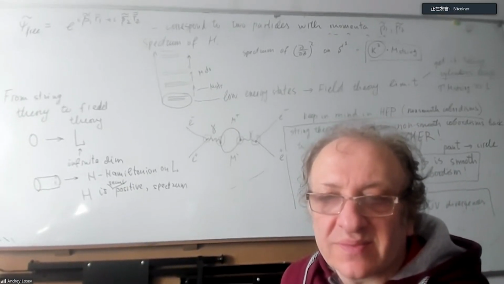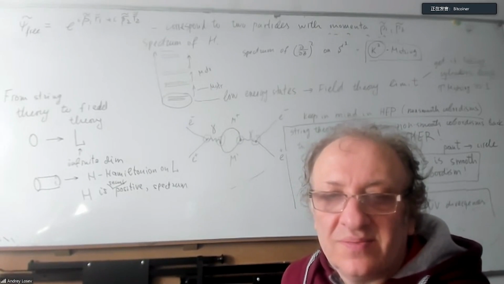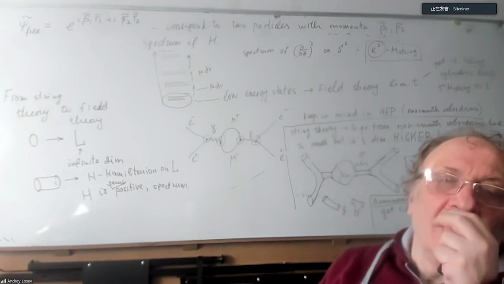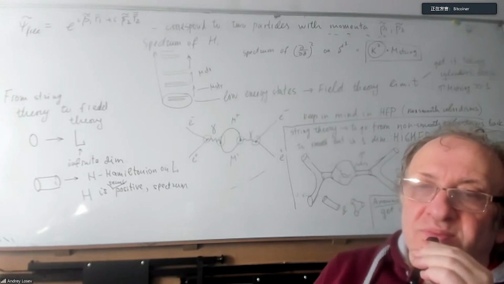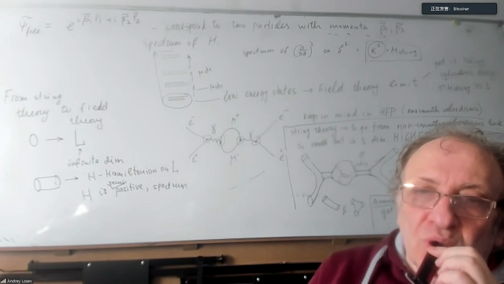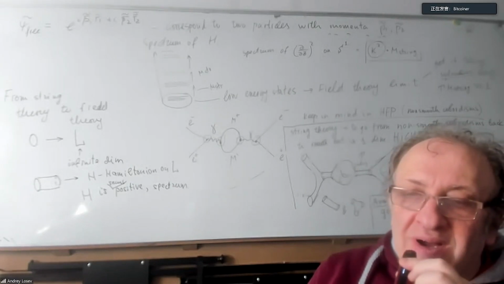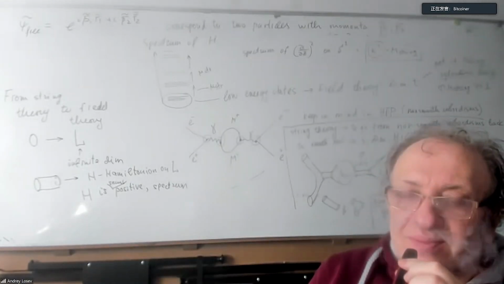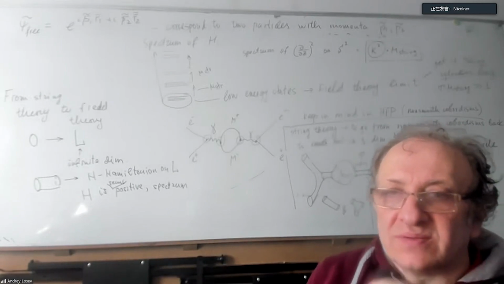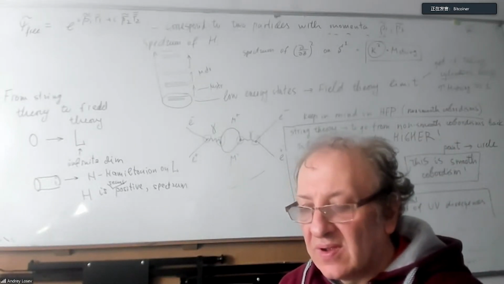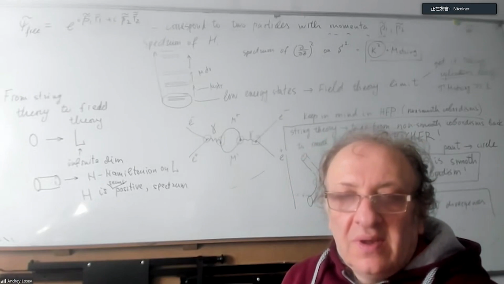So, but from the above scattering diagram of positron electron, the external legs have a specified momentum.